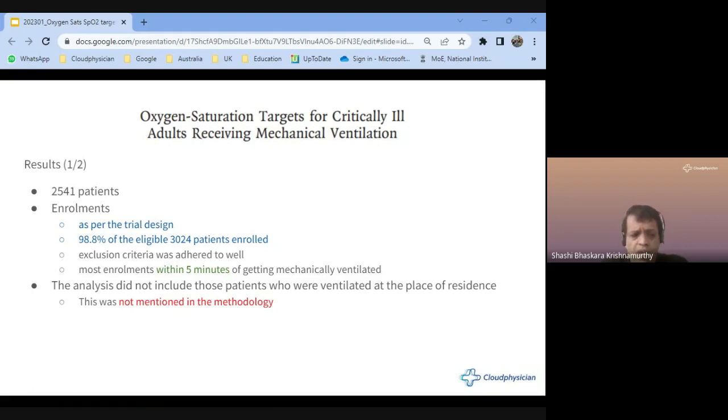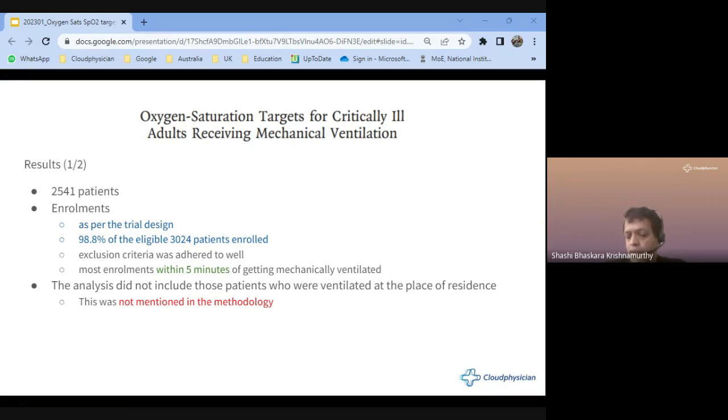As you can see, 3,024 patients were enrolled. Some of the exclusion criteria were not mentioned, but I think there is some mention of one or two things. Let me get back to that in a minute or so. One good thing is they could enroll these patients in the emergency department within 5 minutes of getting mechanically ventilated.